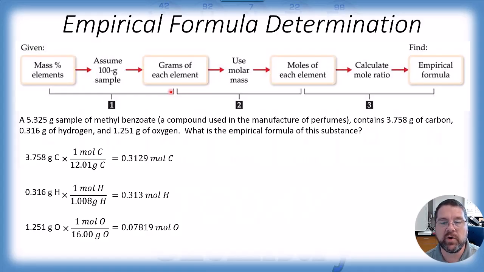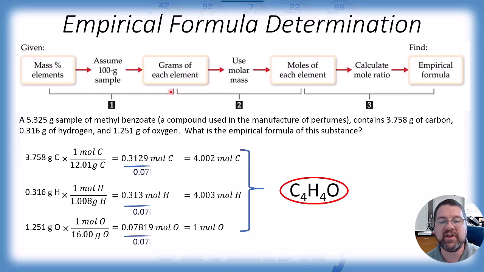If you compare those three mole values, you can see that the smallest one is 0.07819 for the oxygen, so we will divide each of those mole values by 0.07819. The quotients that you see are very, very close to whole numbers. If you get a value that is not exactly a whole number, but it's within hundredths or maybe even thousandths, then it's okay to round it off.